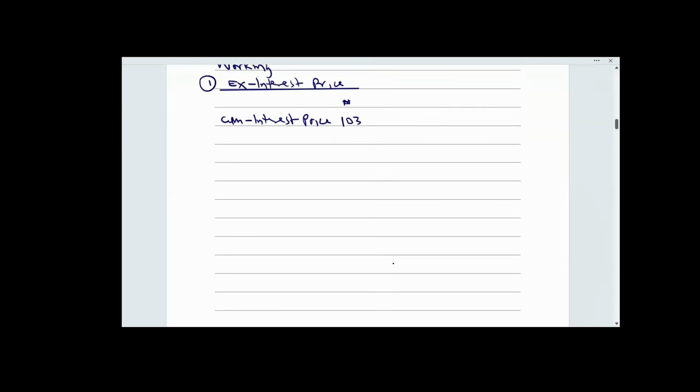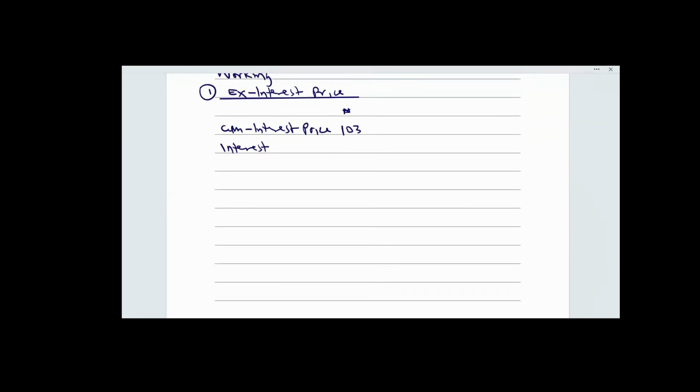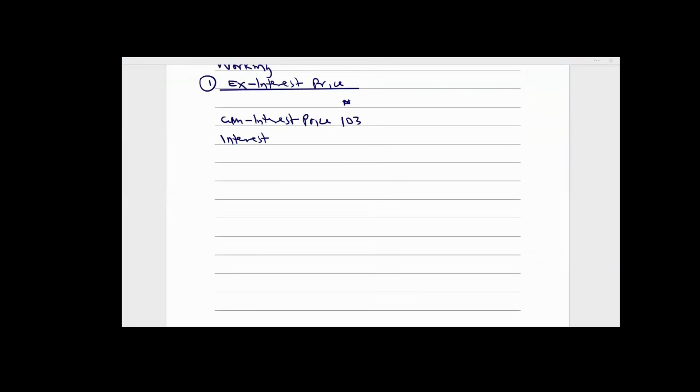So to get the ex-int price, you pick the cum-int price, which is 103 Naira. You then less the interest. I will go back to the question: what's the interest rate given? The coupon rate of this question is 8%. 8% of 100 Naira will give us 8 Naira.